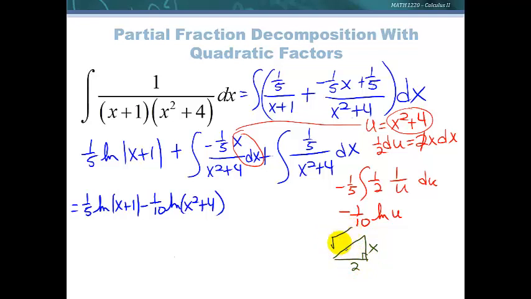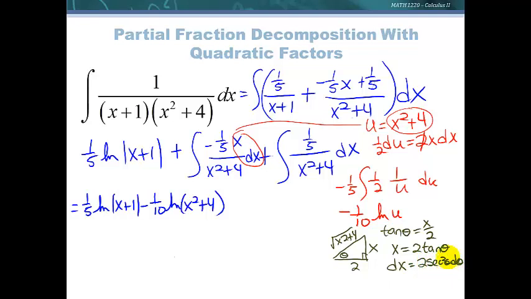So this would be the square root of x squared plus 4. Here's our theta. So tangent theta is going to be x over 2. So our substitution is going to be x equal to 2 tangent theta. And dx then would be 2 secant squared theta d theta.